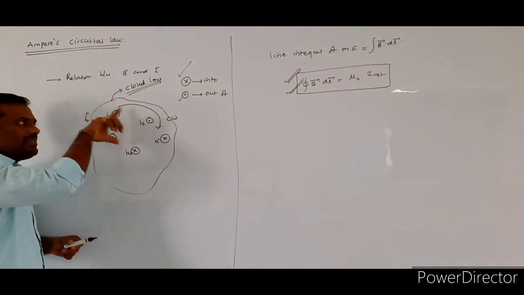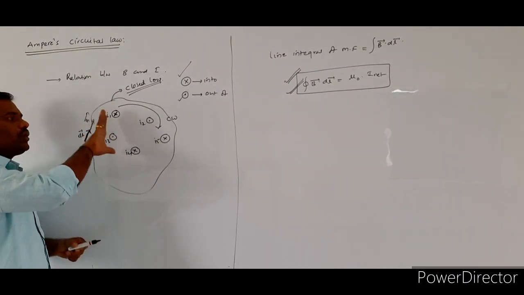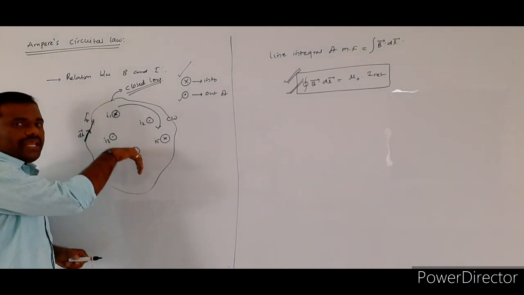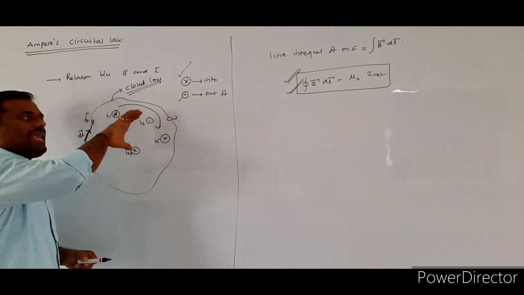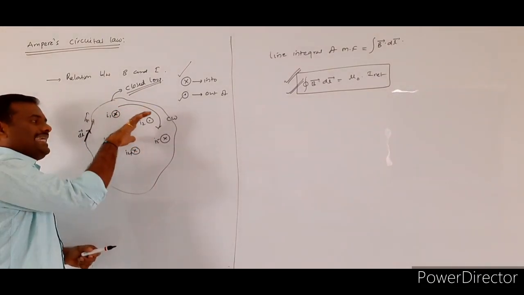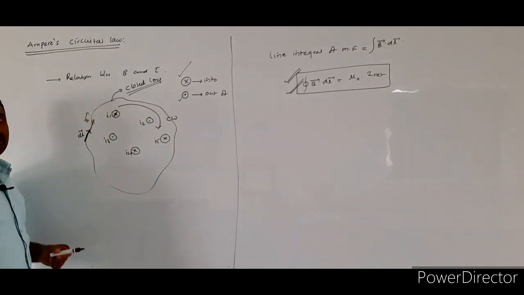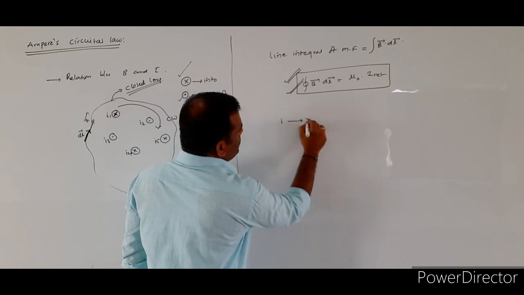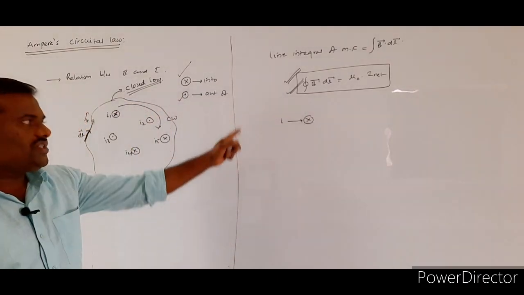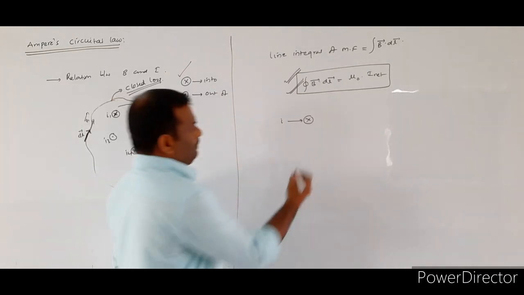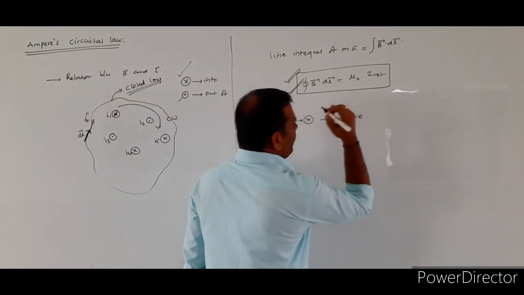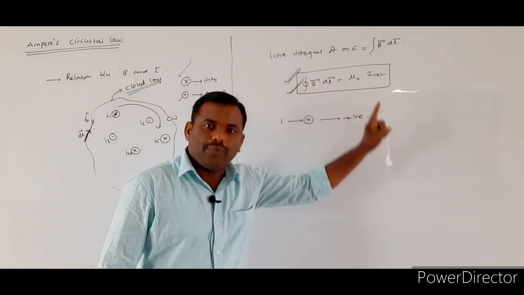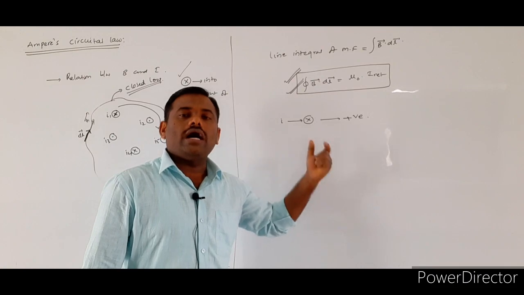So according to whatever the diagram I took, I am curling the fingers in which direction? Clockwise direction. During the curling of the fingers in the clockwise direction, my thumb is acting into the plane of the paper. So the currents which are acting into the plane of the paper will be considered as positive.